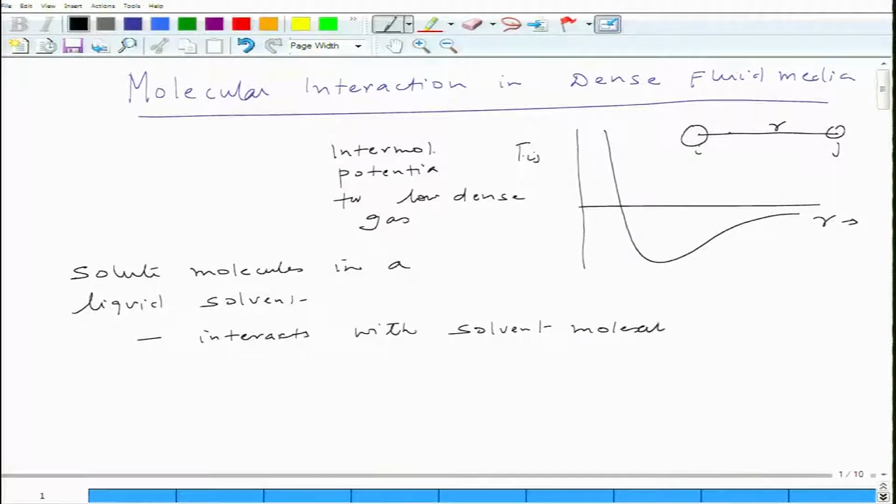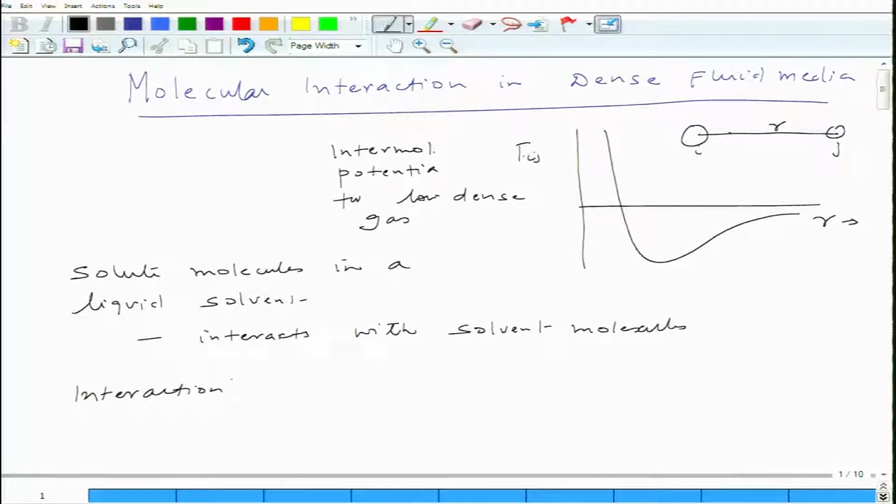So in this case, how do you represent the effective interaction between two solute molecules? We typically represent this effective interaction between two solute molecules in a solvent medium by something we call the potential of mean force.